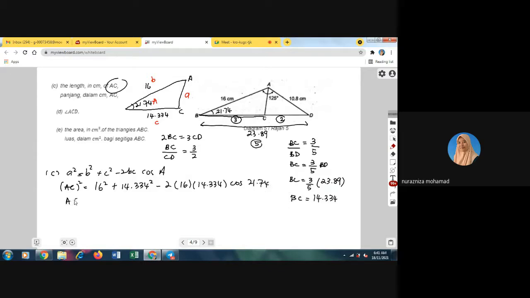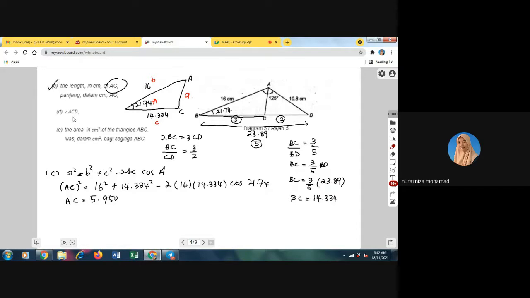So AC is equal to the square root. Do not forget to press square root. So you get 5.950. Write it down in 4 significant figures. That is the length of AC.